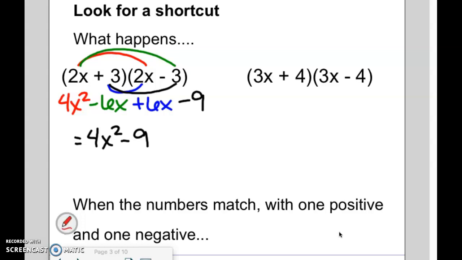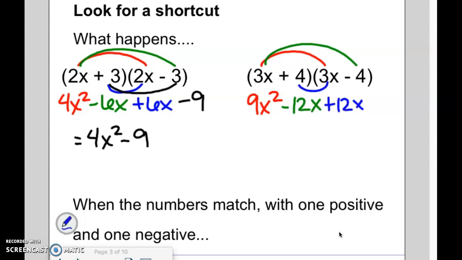All right, look for a pattern or notice something. I'm going to do it again with a different example. First terms would be 9x squared. My outside terms is negative 12x. My inside terms is positive 12x. And my last is negative 16. When you combine like terms, you're left with 9x squared subtract 16.